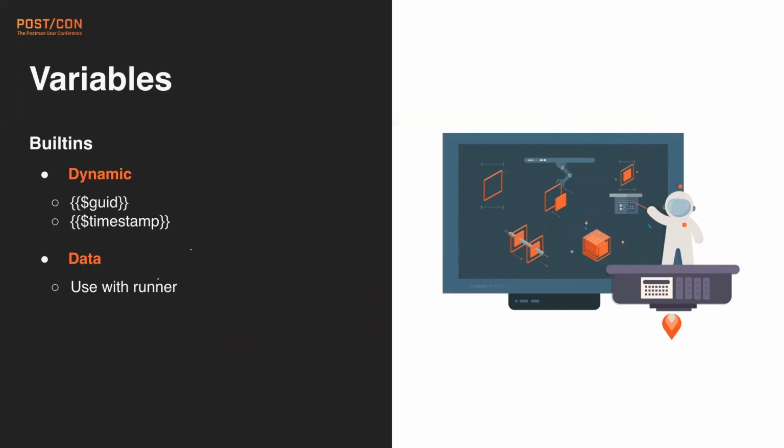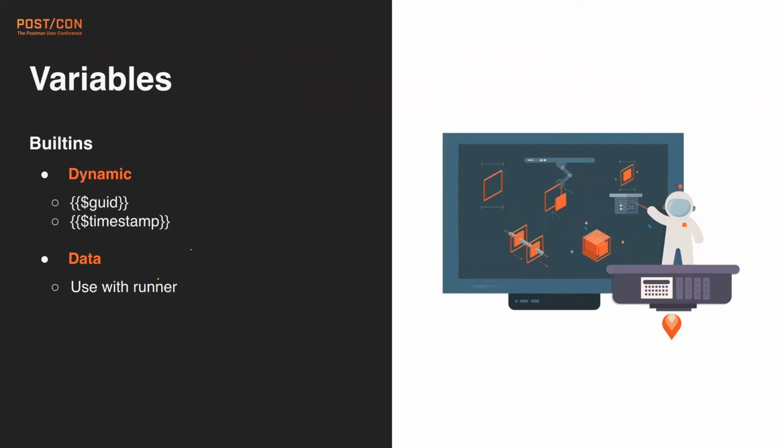There are built-in global variables such as a GUID, a globally unique ID, and a timestamp. If we input these values as variables, they'll automatically be read. You might have an API that always needs to know exactly when you're sending it information. You could go ahead and use that timestamp variable.